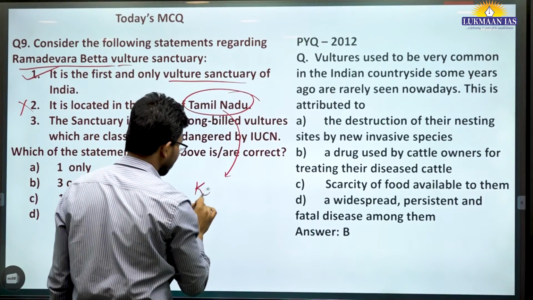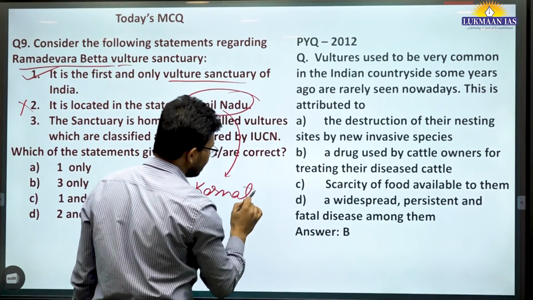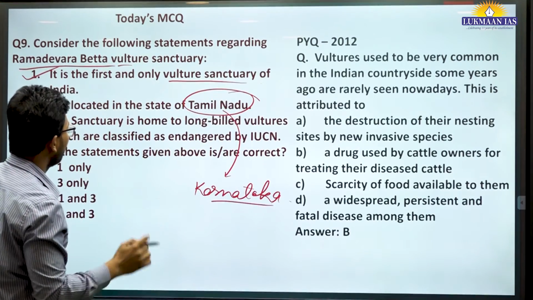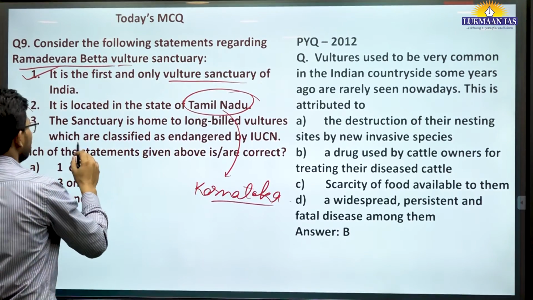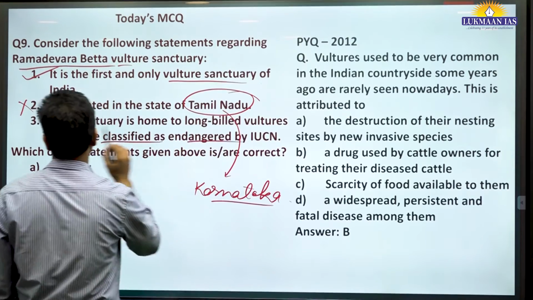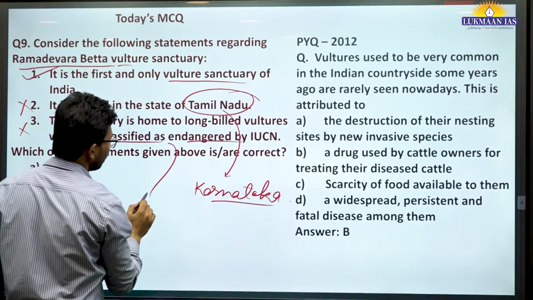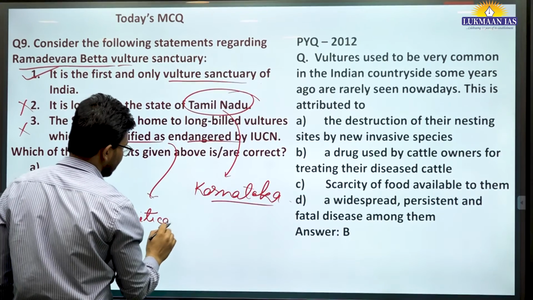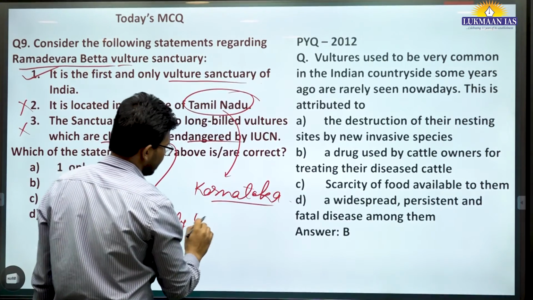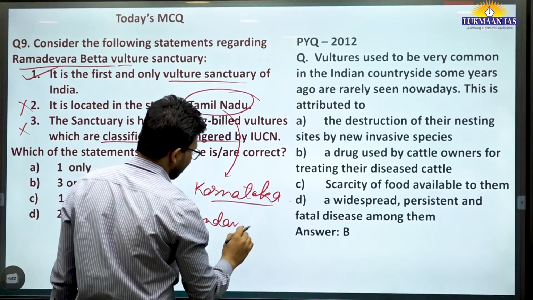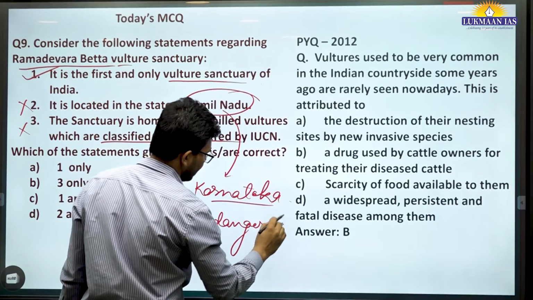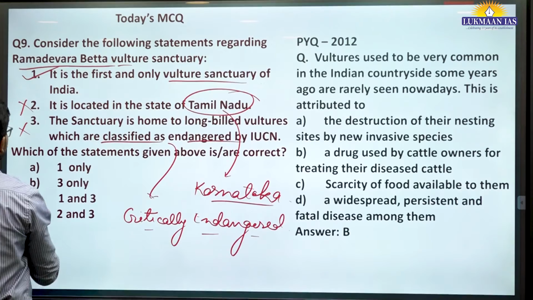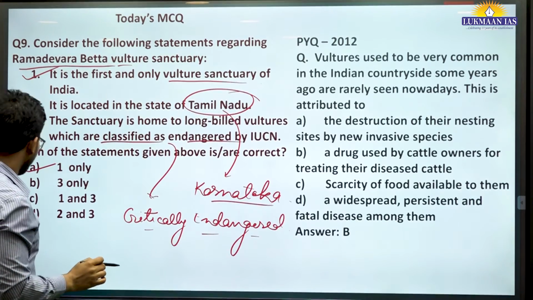The sanctuary is home to long-billed vultures, which are classified as endangered. This statement is wrong, because long-billed vultures are critically endangered. The correct answer is statement 1 only.